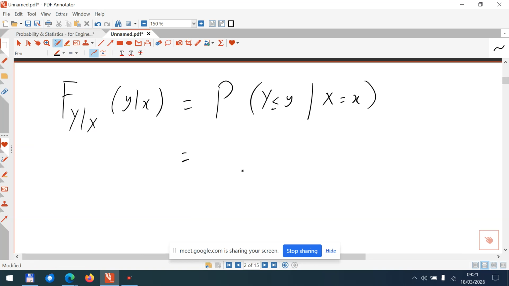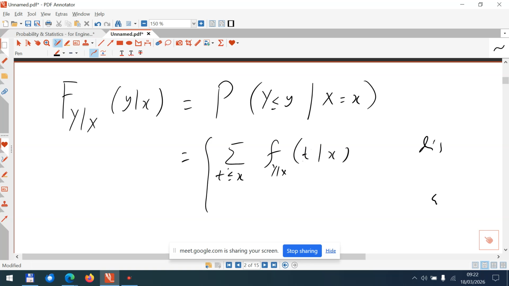So this will be a sum of the conditional PMF over all possible values of, again you need some dummy variable, so t less than or equal to x.